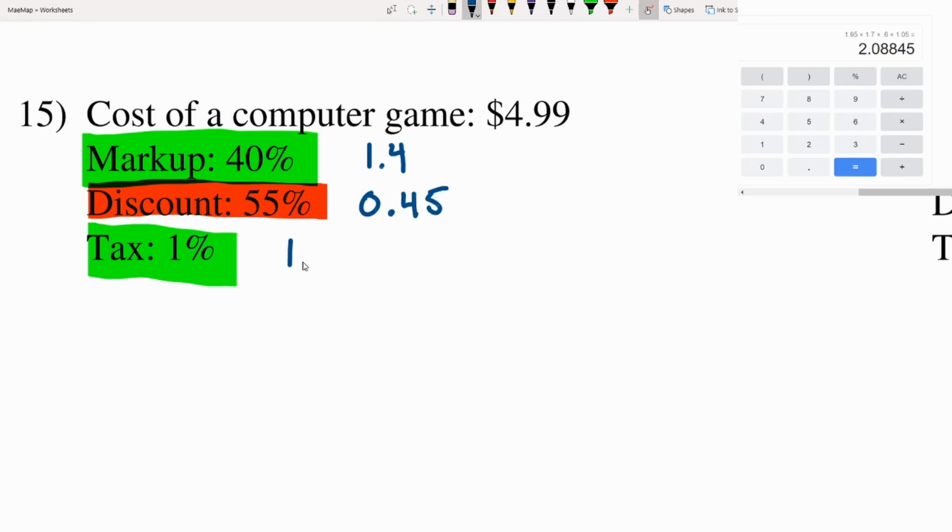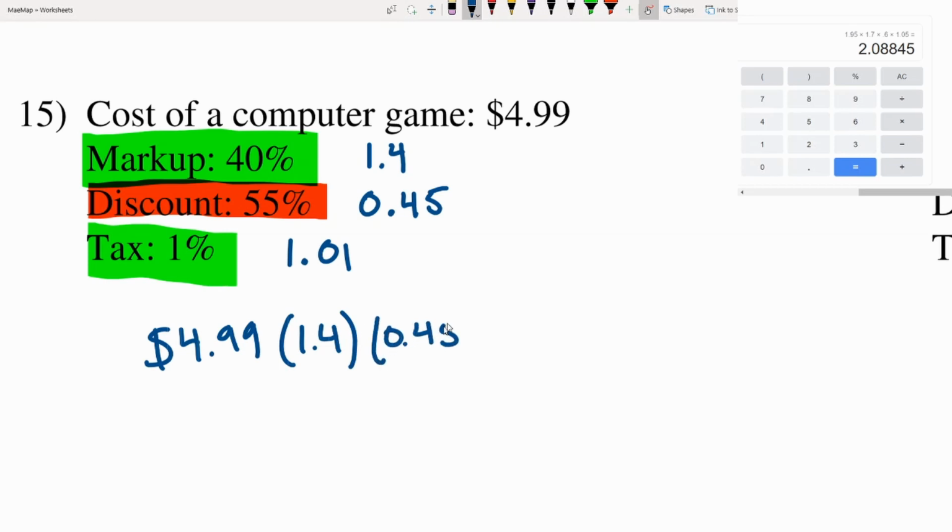And then a tax of 1% will multiply eventually by 1.01 when figuring out the new price. So $4.99 times 1.4 times 0.45 times 1.01, what's that going to be? Let's go to our calculator. That's going to be $3.80. $2.18.